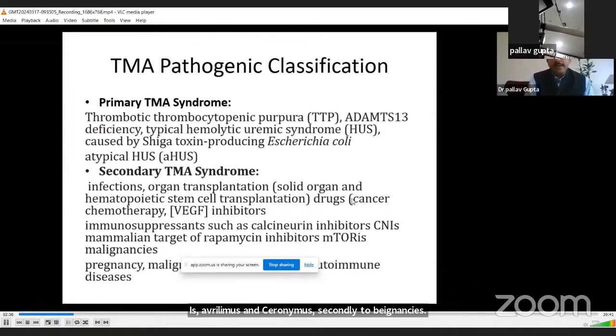So in general, this is the pathogenic classification of thrombotic microangiopathy.